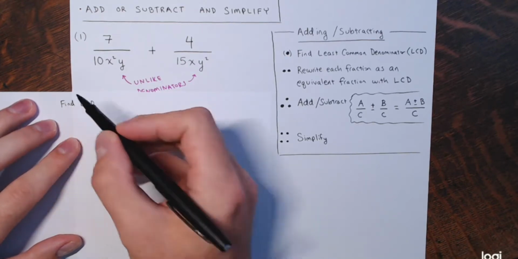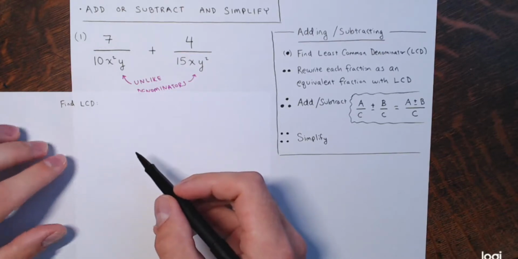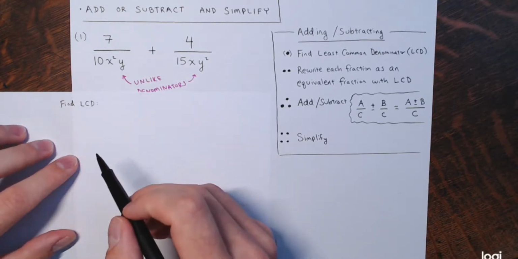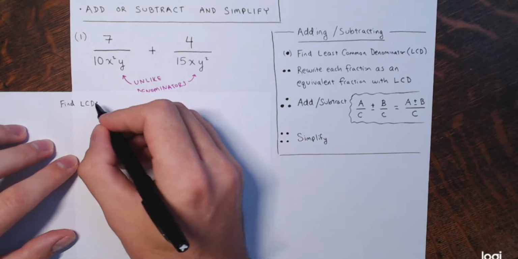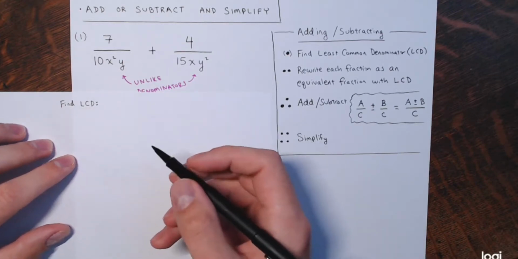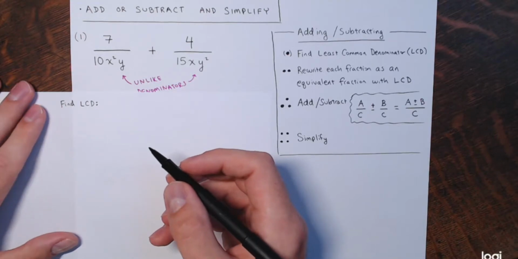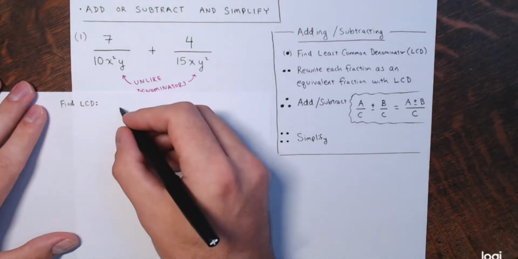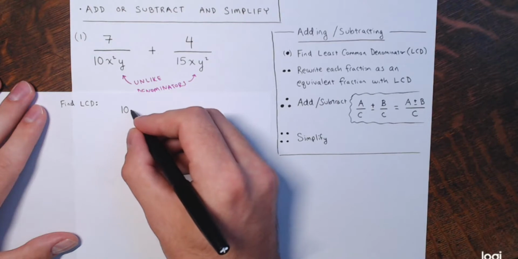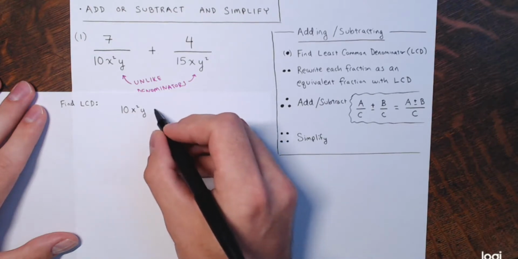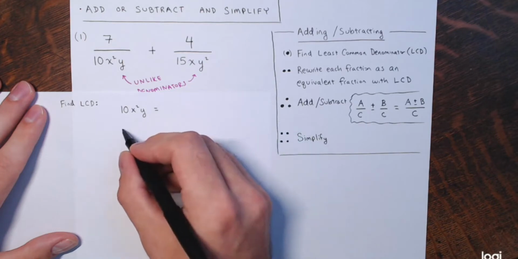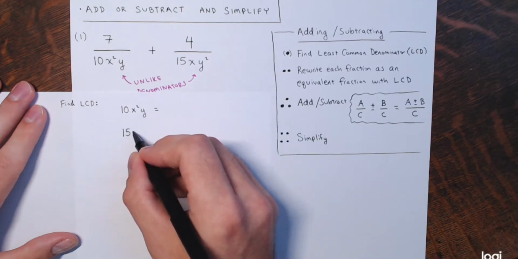And I'm only going to write out some of the steps in this first example. After this, I'll do things a little more quickly, but I'll still write certain things out. So the denominators here are 10 x squared y and 15 x y squared.